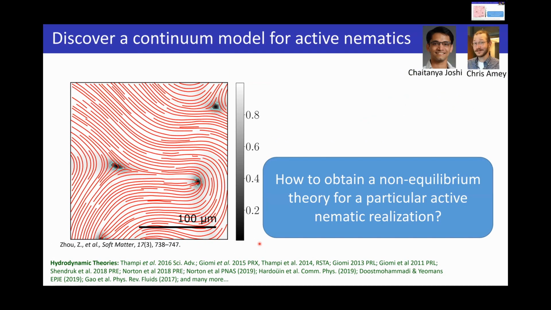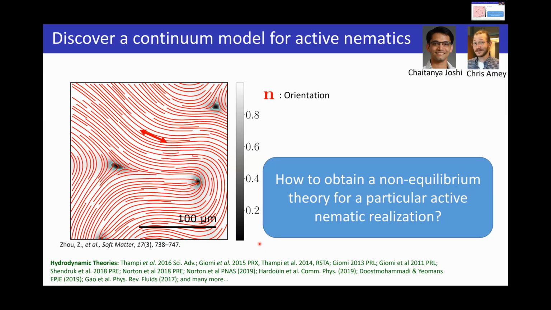So for the physics-based approach, again, the first step is we want to derive, in our case, a continuum hydrodynamic theory for the active material. Everything I'm going to tell you about today is going to be focused on a 2D active nematic, but we are also applying these same methods to different 3D systems, which if I have time, I'll show you an example of at the end.